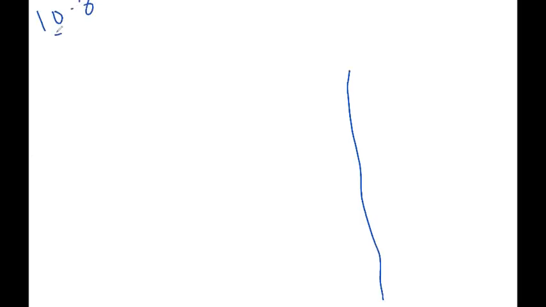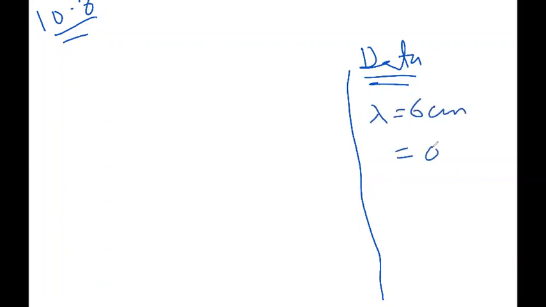Data: wavelength is 6 centimeter, which is equal to 0.06 meter. And frequency is 4.8 hertz, oscillation per second. We have to calculate velocity and time period.